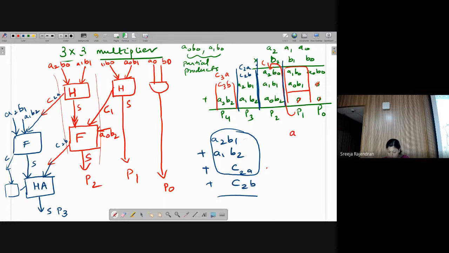I have only A2, B2, so here I have a full adder that takes A2, B2, the carry C3A, and C3B. Then I generate the sum, which is P4. After this operation there can be a carry, and that carry will be my P5.